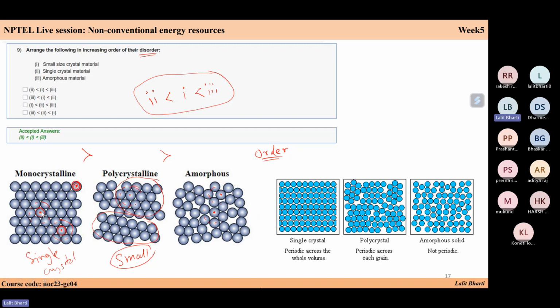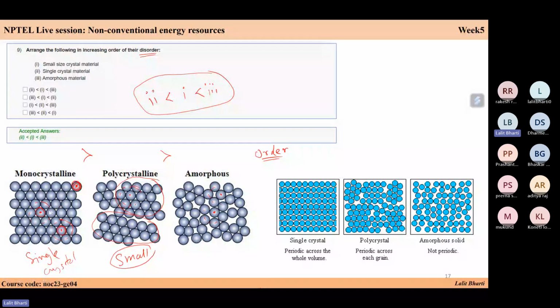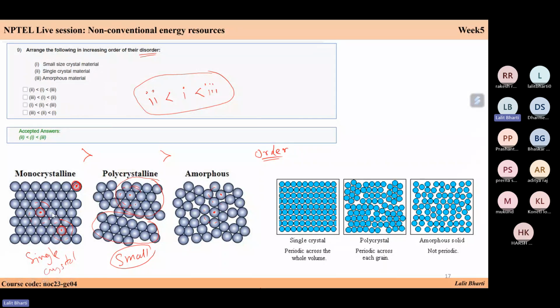If you sit at atom A, your environment is the same as at atom B, so you cannot figure out which atom you are at. In the polycrystalline case, the environment at atom A is different from atom B. Small ordering means polycrystalline, very high range ordering means monocrystalline, and no ordering means amorphous.